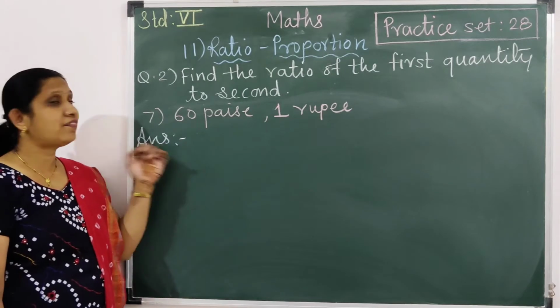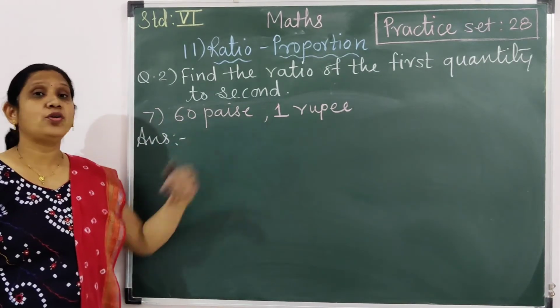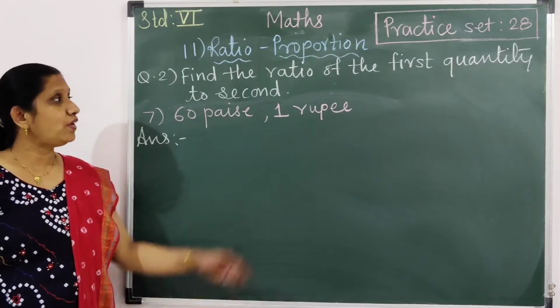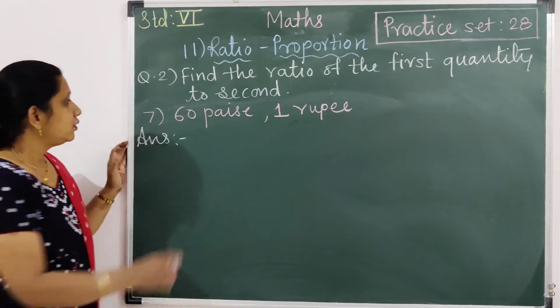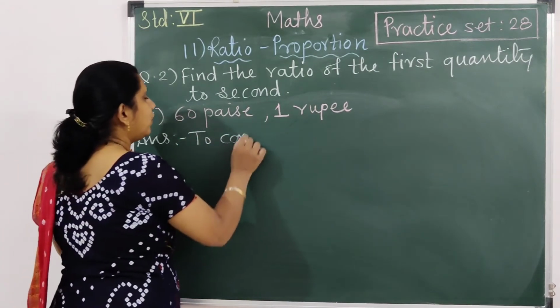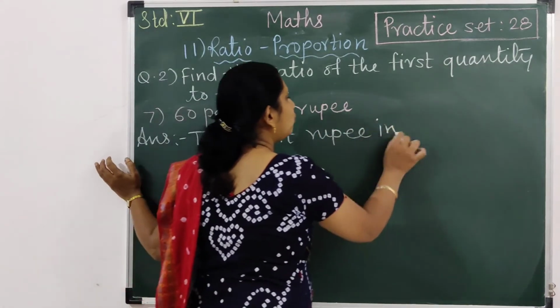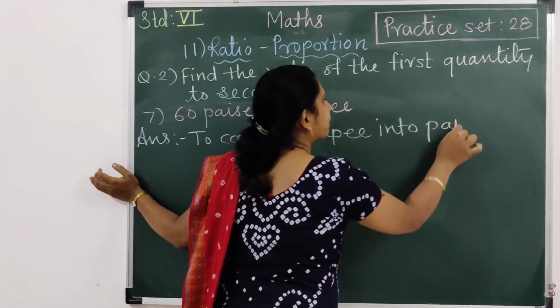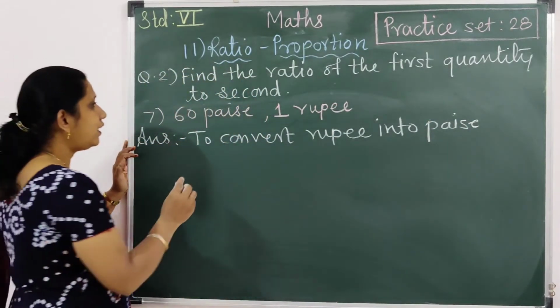Students, see here, 7th example is given 60 paise and 1 rupee. Both the units are different. So we have to convert these rupees into paise. So let us write here to convert rupee into paise. Children, we know that 1 rupee is equals to 100 paise.